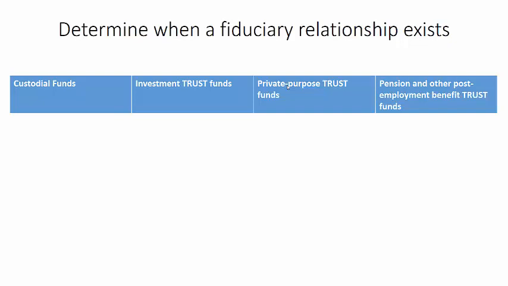All right, so in regards to how do we go about determining whether or not a fiduciary relationship exists, GASB has 3 general criteria set out for determining whether yes or no a government has a fiduciary relationship.